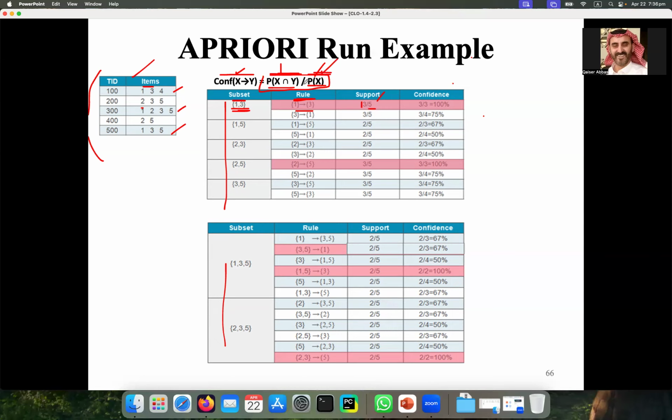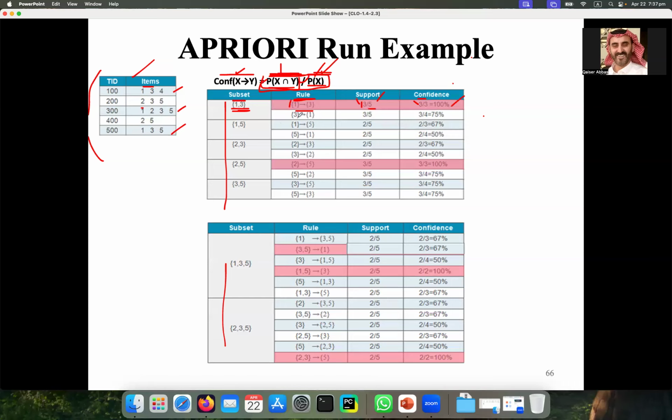The numerator is the same as the support, so you can take the value of support as it is, or count it again. And x here is 1. Count the number of ones: 1, 2, 3. So it is 3 by 3, which is 1, which means 100%.